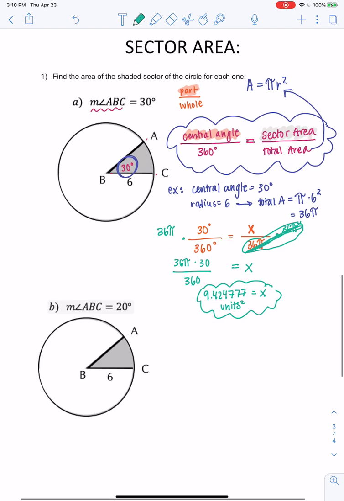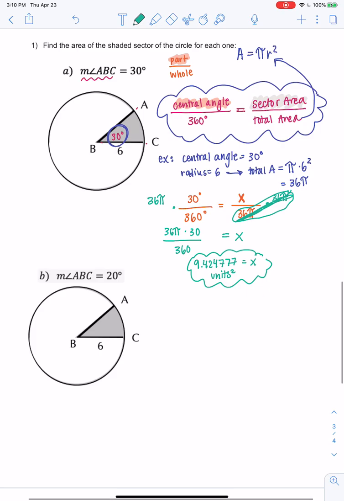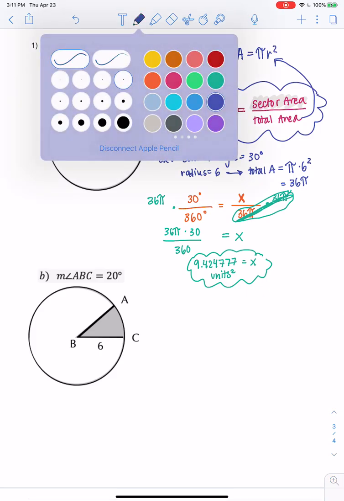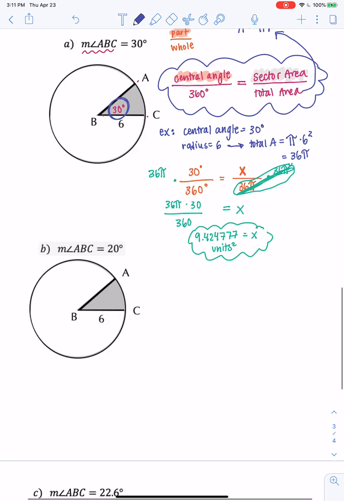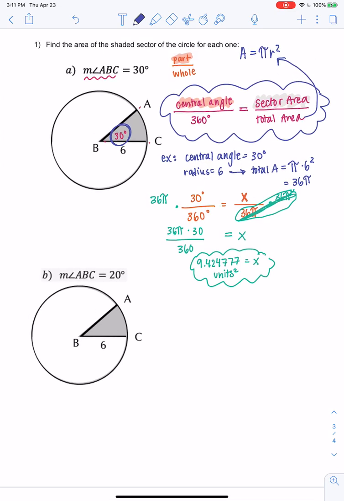Let's do another example before you try some on your own. So here is another circle. Our radius is still 6, so r is equal to 6. The measure of angle ABC is 20, so we're filling in that central angle of 20.